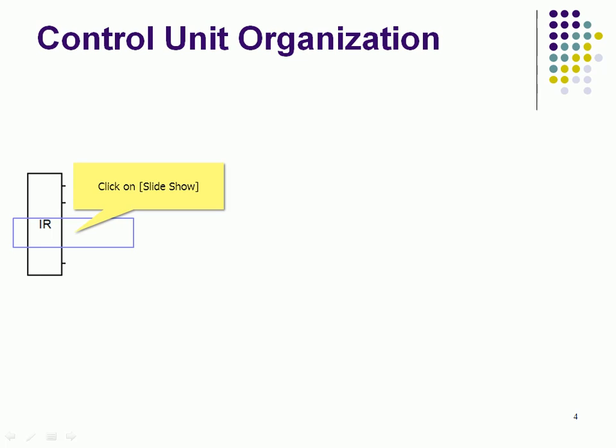There the IR is the instruction register, which, after bringing some data or instruction from the memory through the MDR, rushes to the internal processor bus. Once it is on the internal processor bus, that instruction has to be welcomed in the premise of the CPU. So who has to welcome that? The IR, the instruction register.